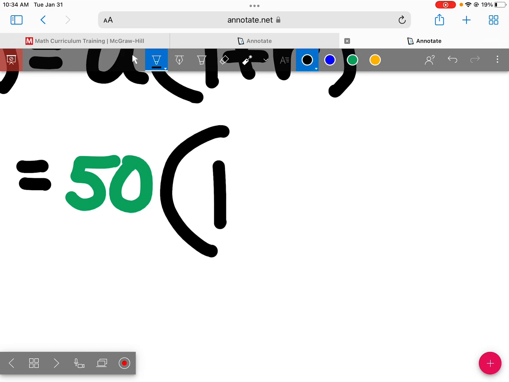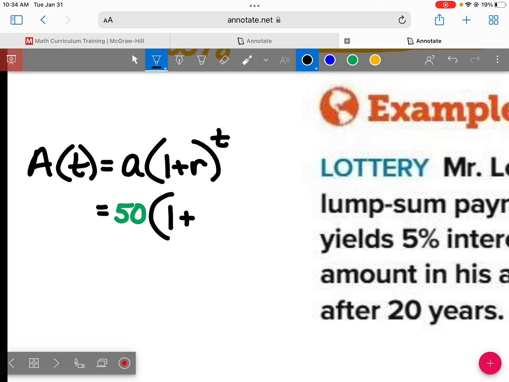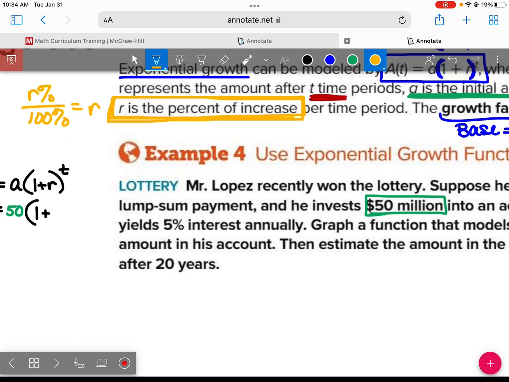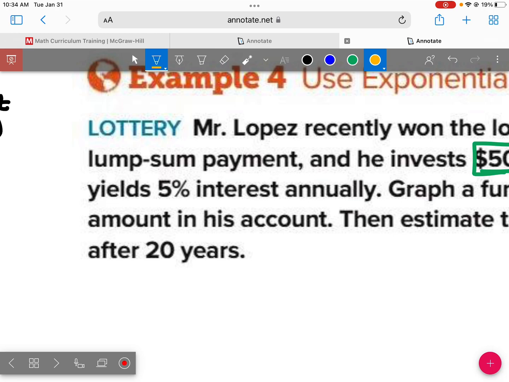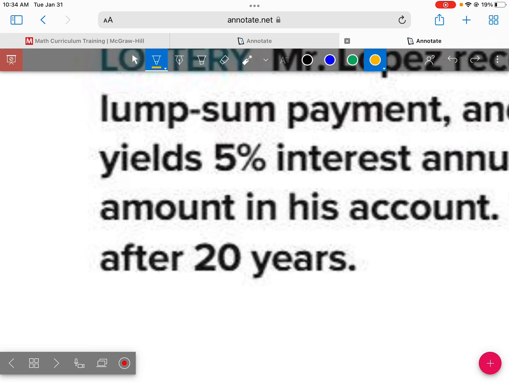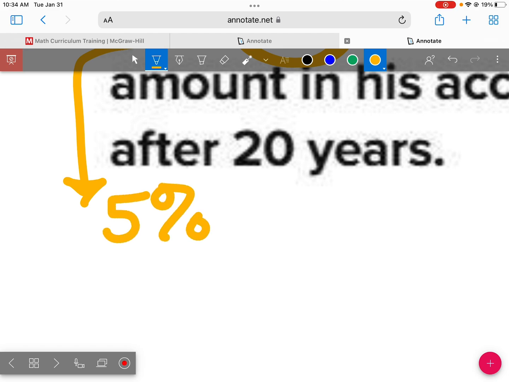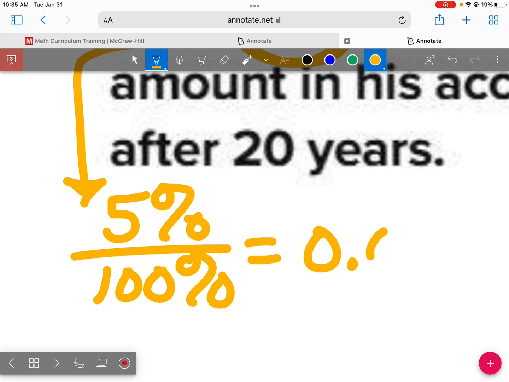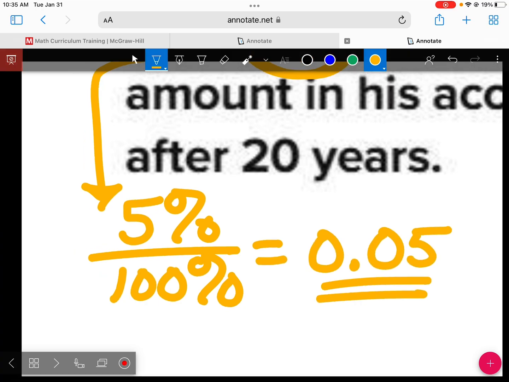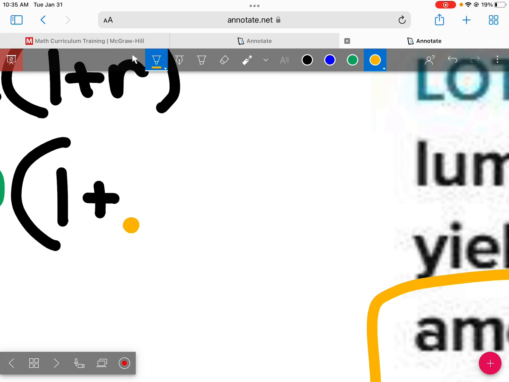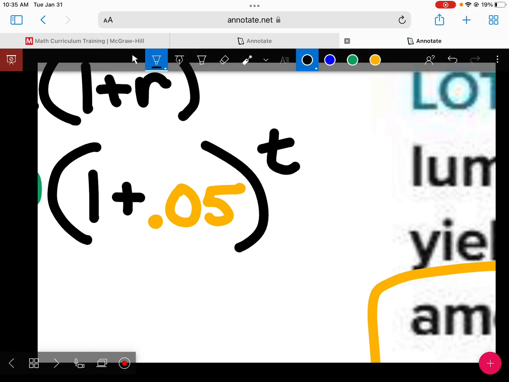And then inside parentheses, it's 1 plus, and then I need the rate, R. What did they give me for R? 5%. They gave it to me as a percent. I can't put it into my problem as a percent. So what do I do with it? Divide it by 100%. That gives me 0.05. To the power of t.